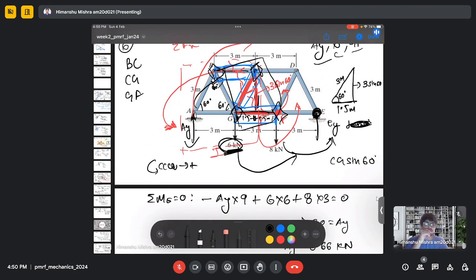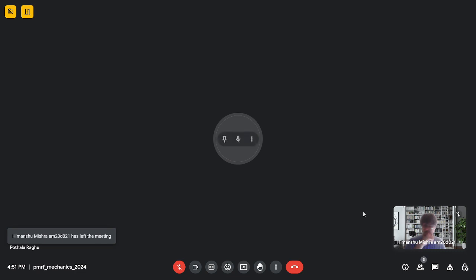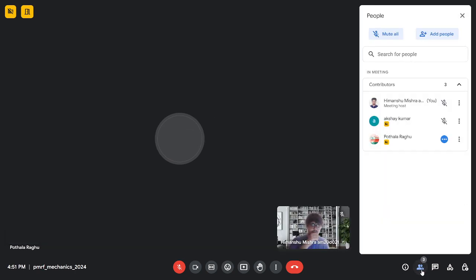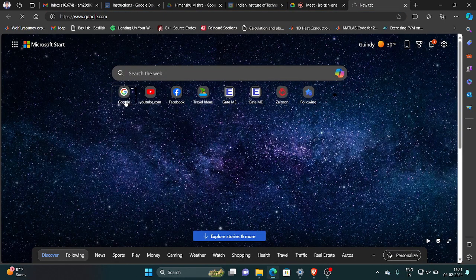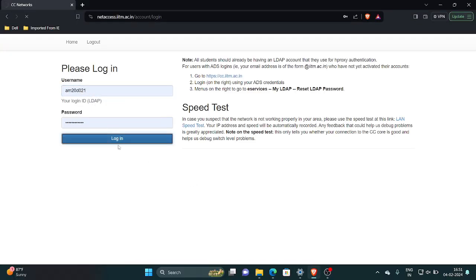And once you get the list of forces which are causing the moment, when you are finding the moment about any point, we are considering those 3 members and reaction forces only.